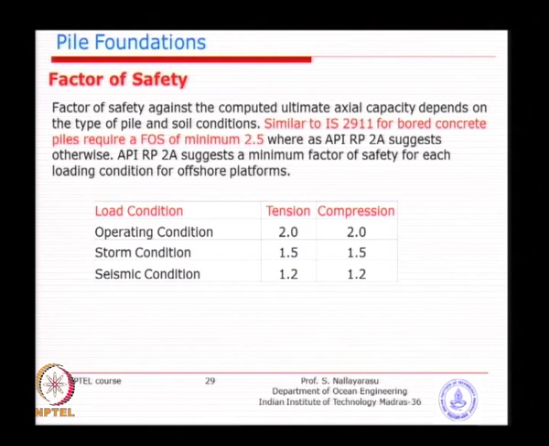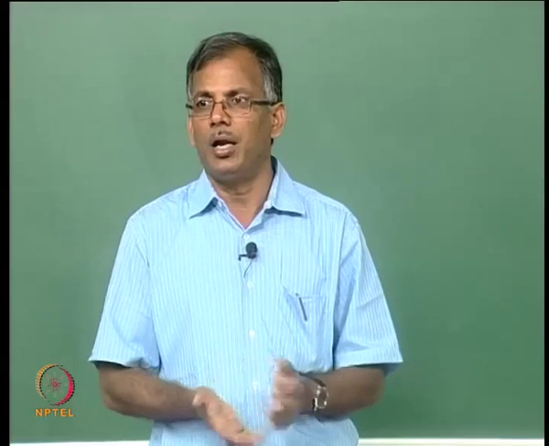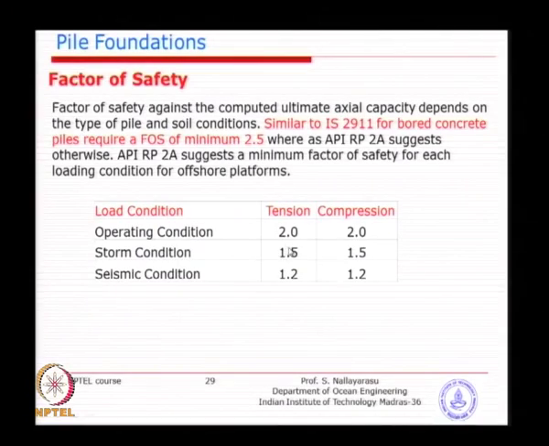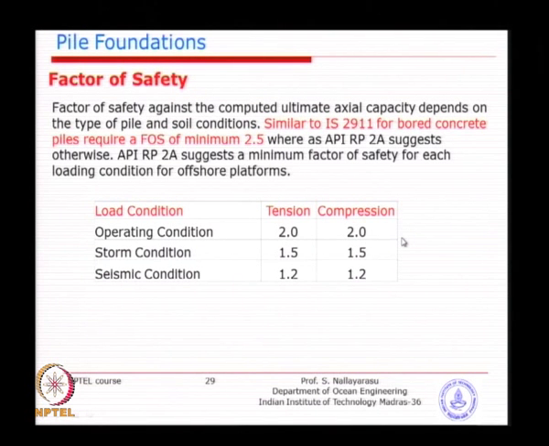So, basically you have a reduced factor of safety, very similar to what we were discussing in the design. The basic idea is higher risk can be taken, that means you allow higher loads to be taken by the foundation, that means reduced factor of safety. Similarly, for seismic condition we have a further reduced factor of safety of 1.2 because it is going to be a rare occurrence.